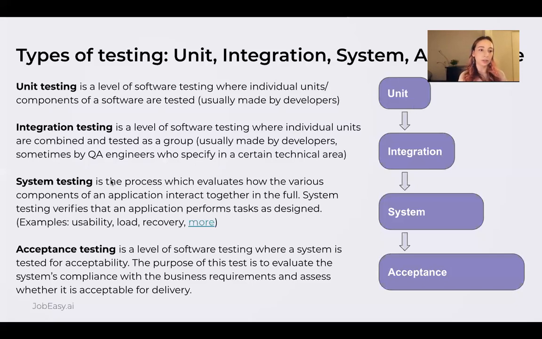Let's move on. So next one is system testing. So system testing is a process where we take different components of the system and we test them in full, making sure that it is actually working as expected. So for example, we can go and actually test the component that is responsible for user creation.